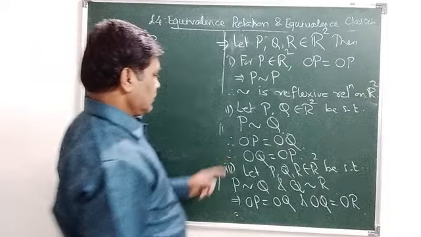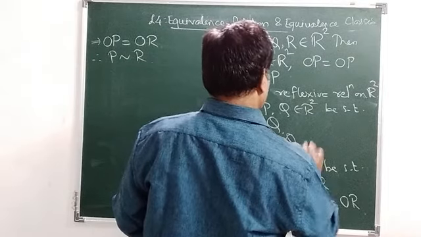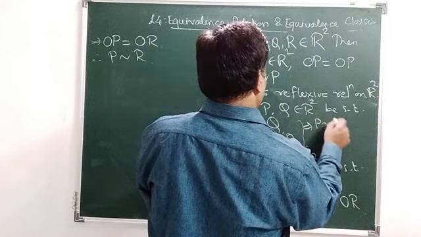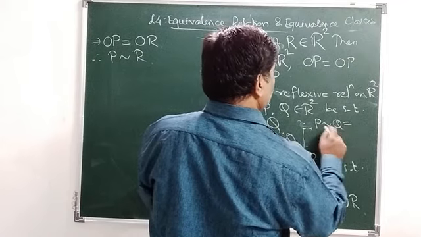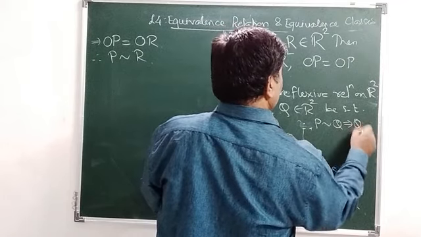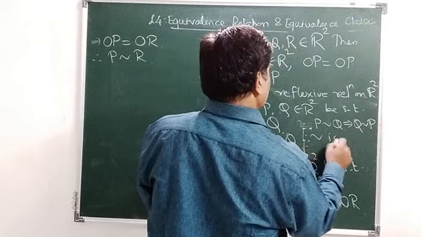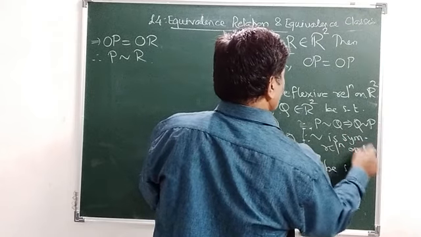Sorry, here I forgot to write: P related to Q implies Q is related to P, and therefore tilde is a symmetric relation on R2, right?